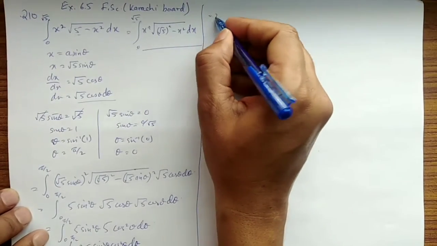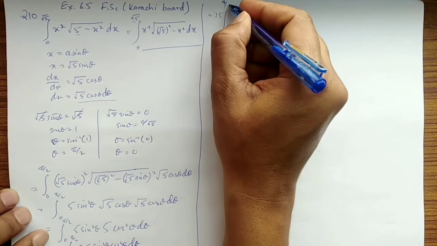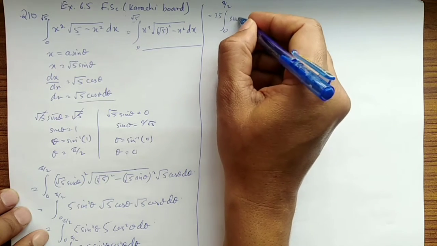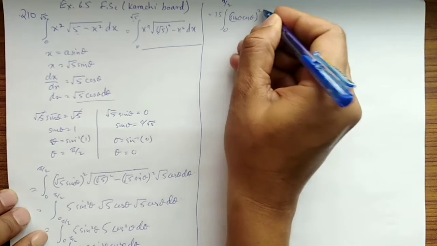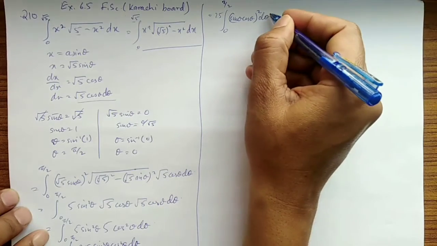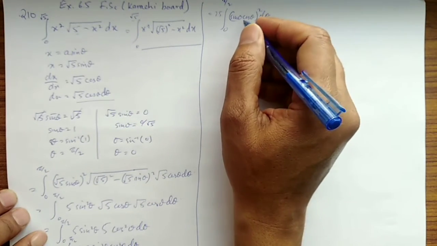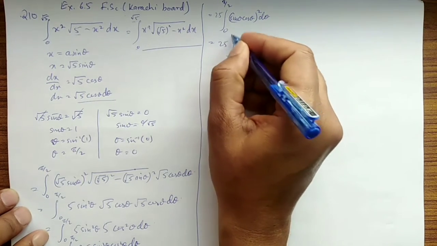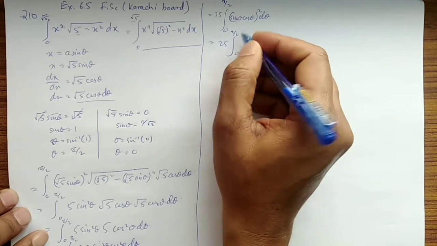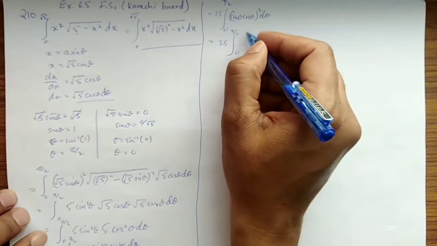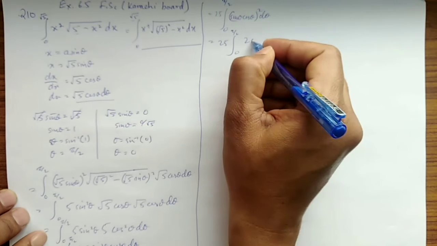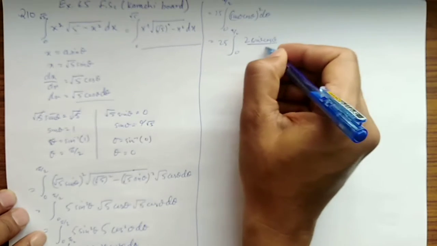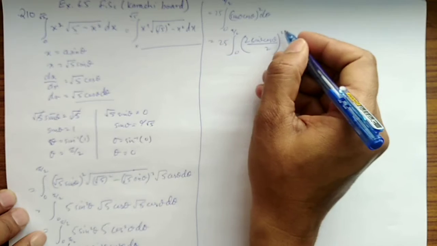So this will be 25, integral from 0 to pi upon 2 of sine theta cos theta whole square d theta, and we can write this as 25 into the integral. In place of sine theta cos theta I can write 2 sine theta cos theta whole divided by 2. I am multiplying and dividing by 2.